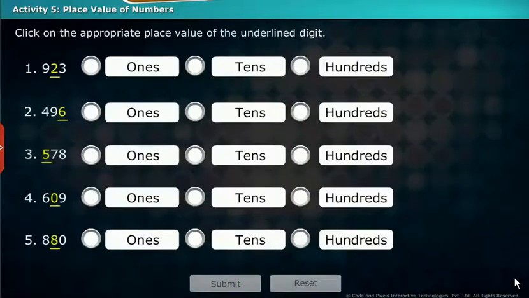Take up one more activity on finding the place values of a number. Click on the appropriate place value of the underlined digit.